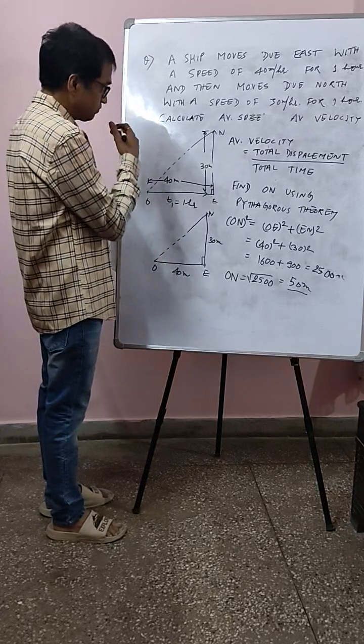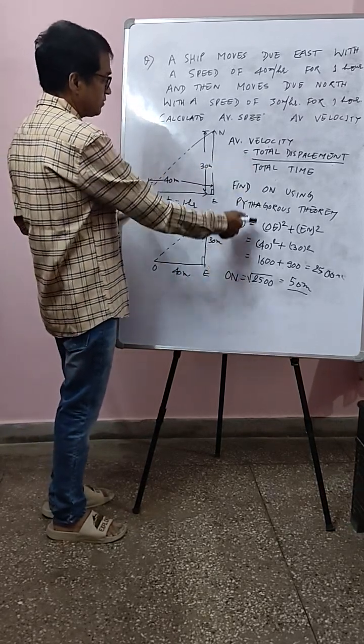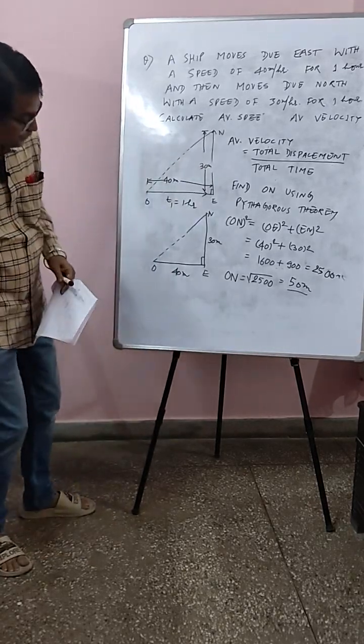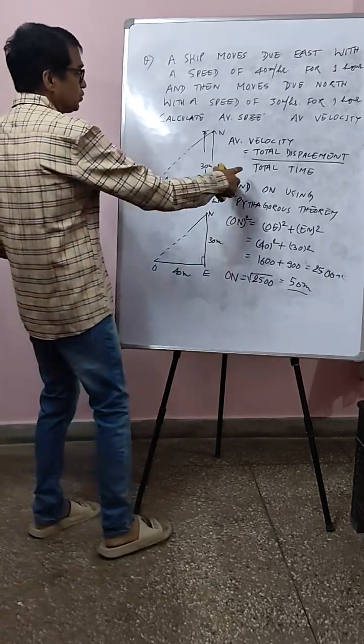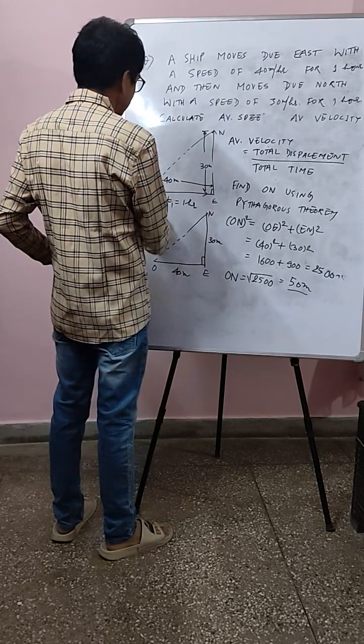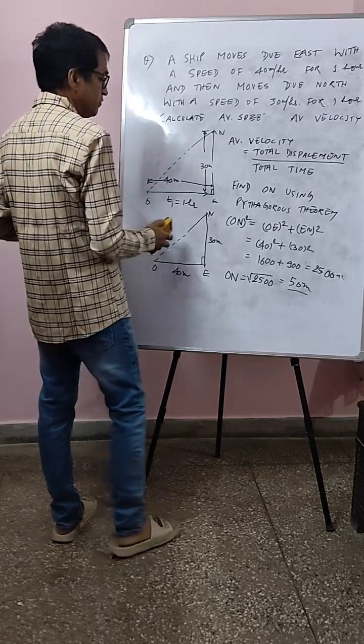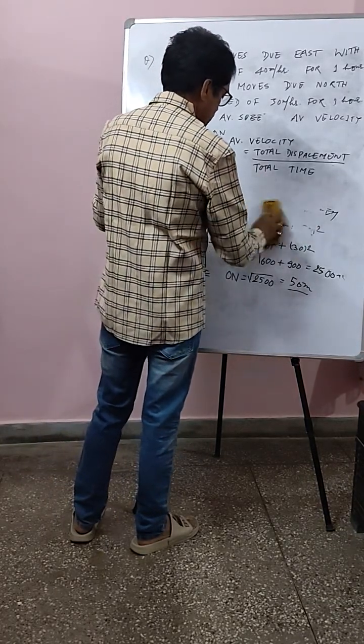Okay, so now we put this value, total displacement, in this equation. And total time is 2 hours: 1 hour this journey, 1 hour that. So total time taken is 2 hours.